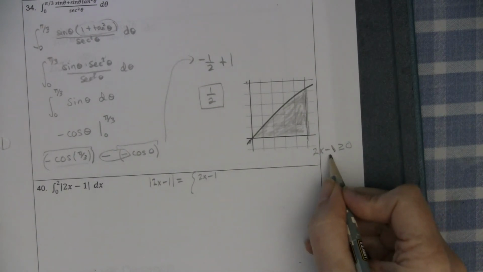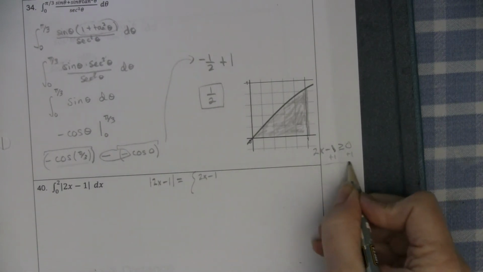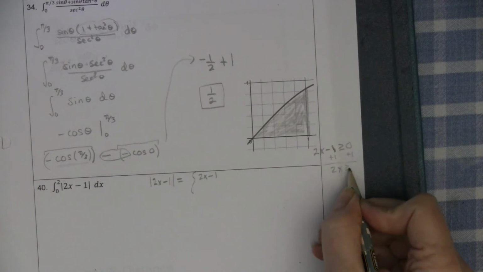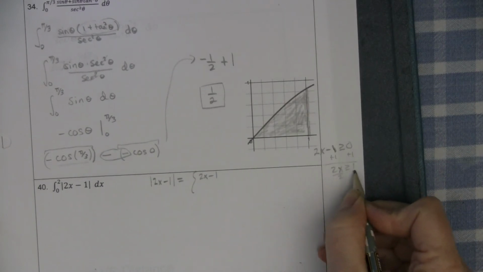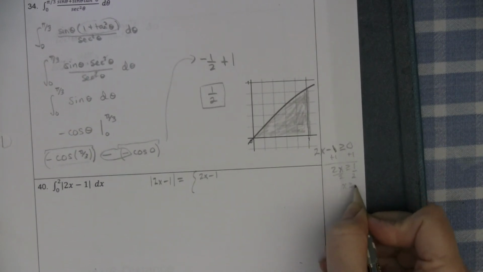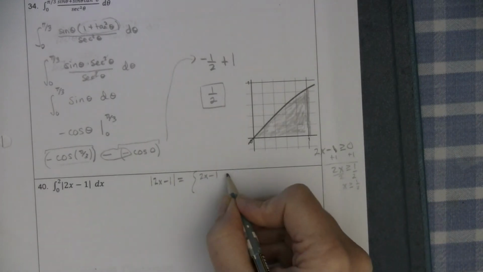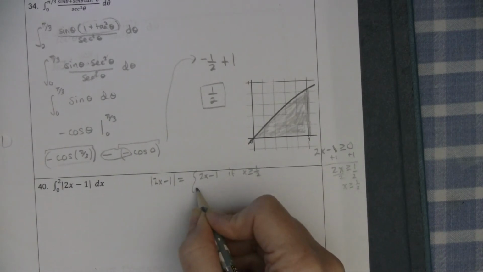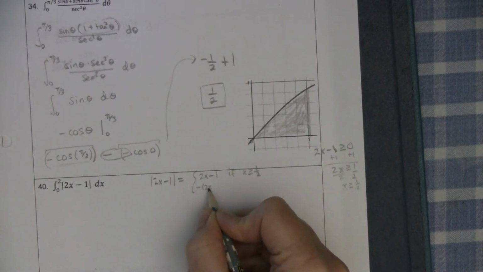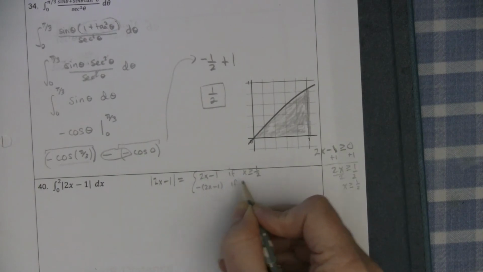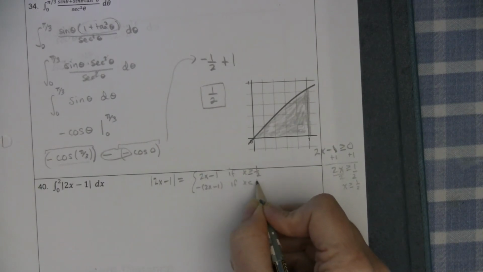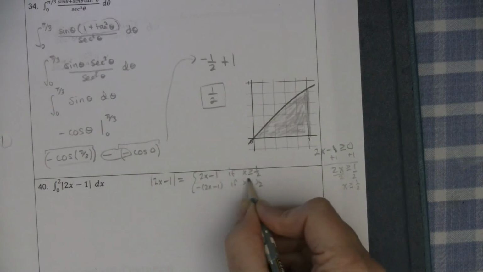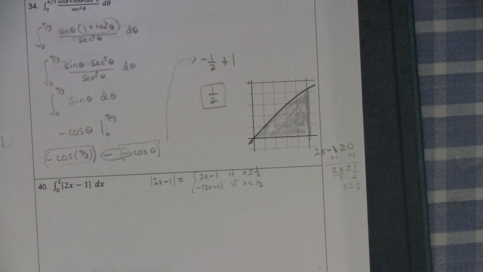So if I add 1, 2x is greater than or equal to 1, and divide by 2, x is greater than or equal to half. And so this is if x is greater than or equal to half. And then this is equal to the negative of 2x minus 1 if x is less than half.